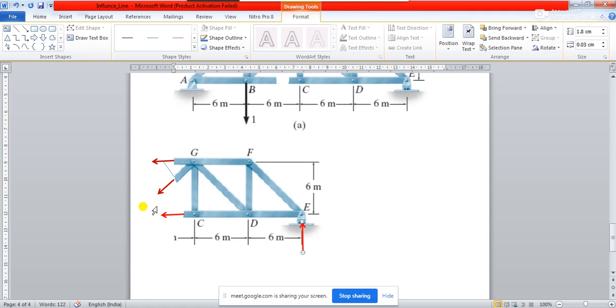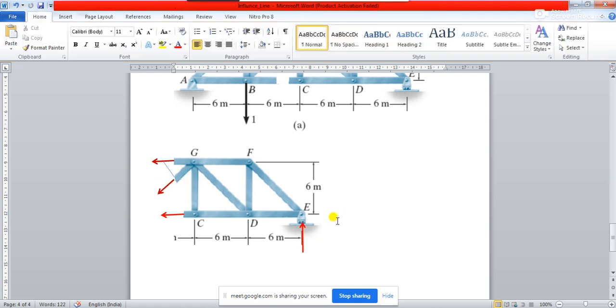If you want to find out, what you can do is just consider the vertical equilibrium of this member. So this is your FGB. Very simply, if this angle is 45 degree, this angle will also be 45 degree.